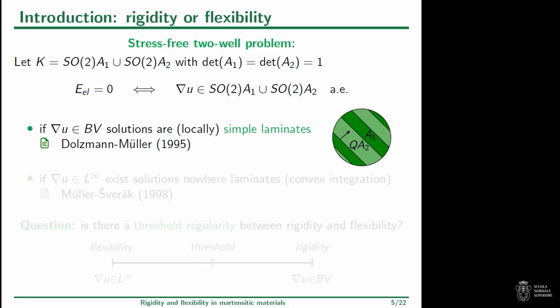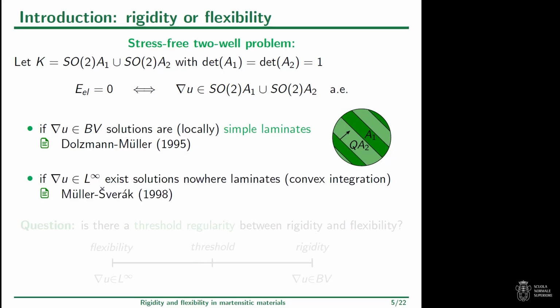So if you check for solutions of this differential inclusion with gradient of u in BV, then there is only one class of solutions, that are locally simple laminates, okay? And this existence of only one class of solutions, we refer to in this talk as rigidity. So if we impose our microstructure to have gradient BV, only one class of solutions exists, the simple laminates, okay?